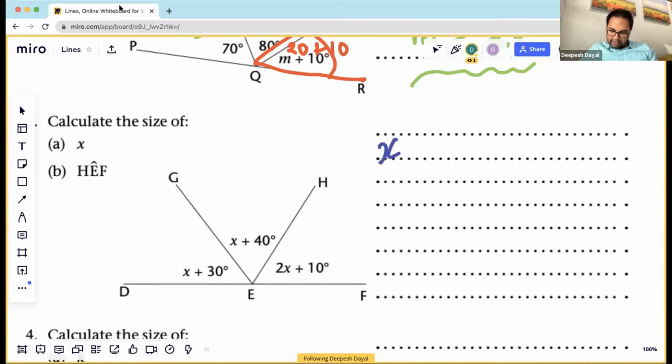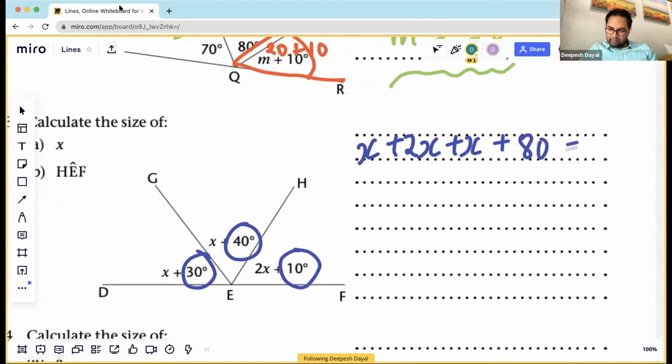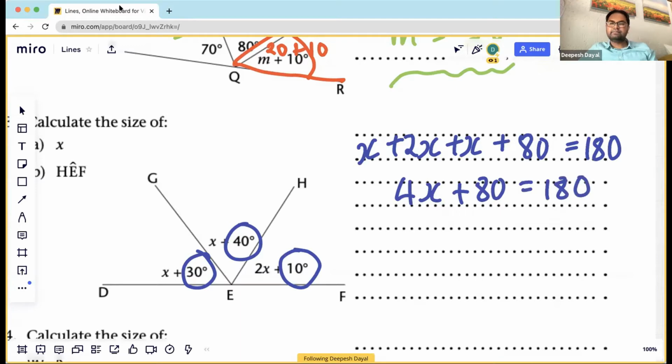So you said x plus 2x plus x? Yes, sir. And then you added the numbers, which is 30, 40, and 10, which is 80? Yes, sir. And that equals 180, right? So 4x plus 80 equals 180. Okay, and then?